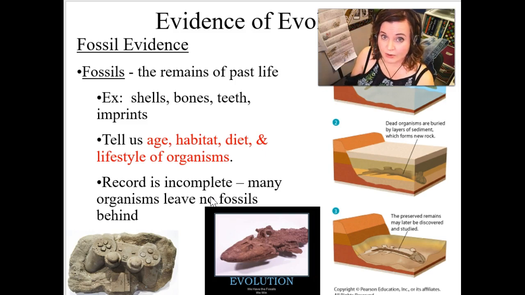The biggest problem with the fossil record, even though it does show us change over time, is that it is extremely incomplete. Not only is it very, very rare for fossils to be created, you have to have the perfect conditions for fossils to be created, but fossils are oftentimes eroded away and destroyed throughout history, maybe uncovered and disturbed.